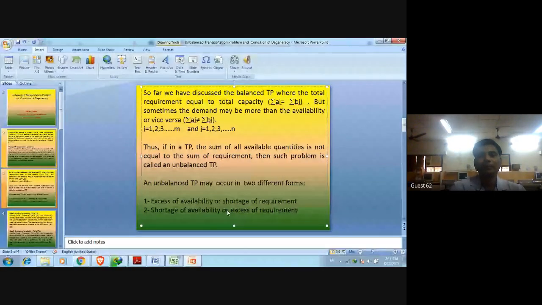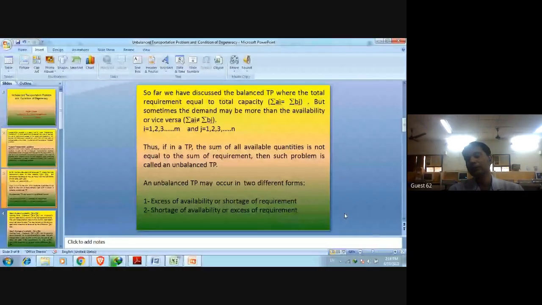You can explain this like this: sometimes you have excess supply, or shortage of demand, and sometimes you have shortage of supply and excess of demand.